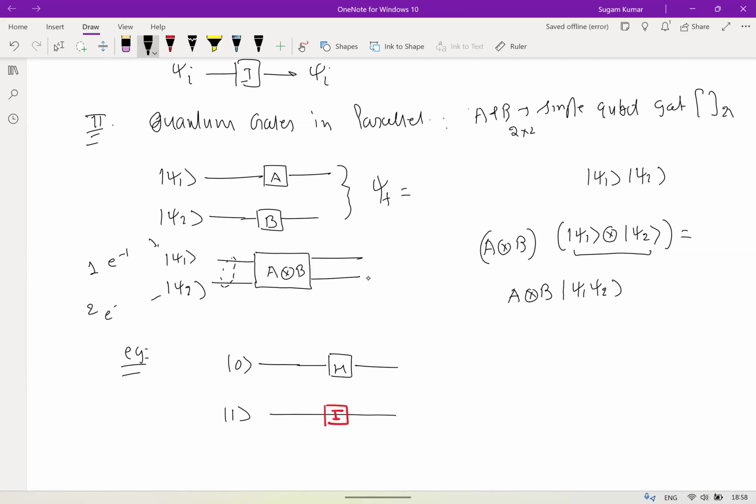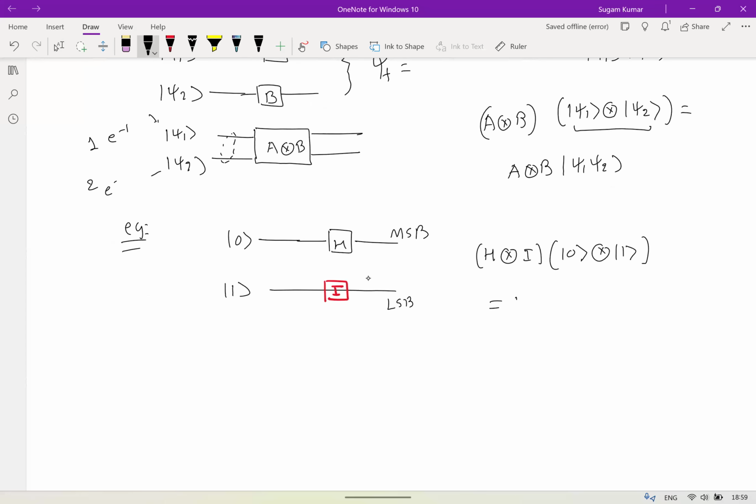And make sure that this is the most significant bit and the least significant bit. The most significant bit will come first, and then the tensor product of the second operator I, acting on the tensor product 0 1.